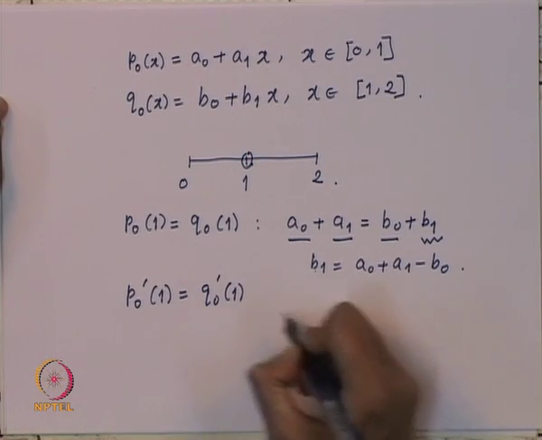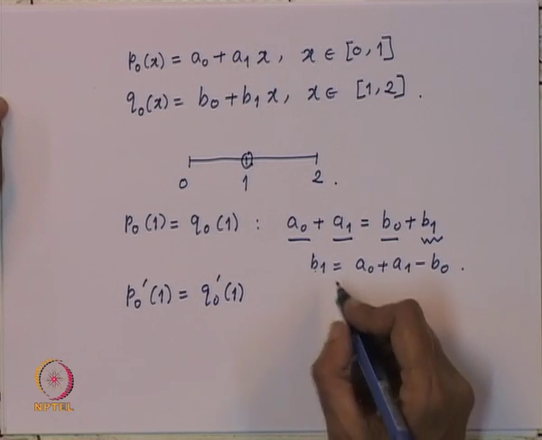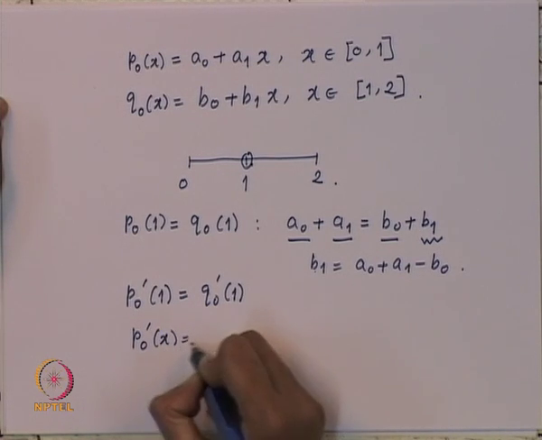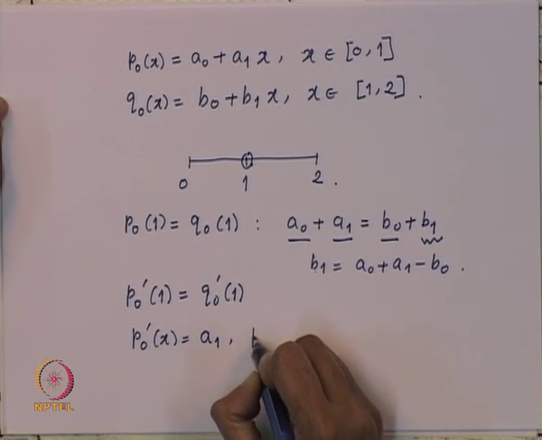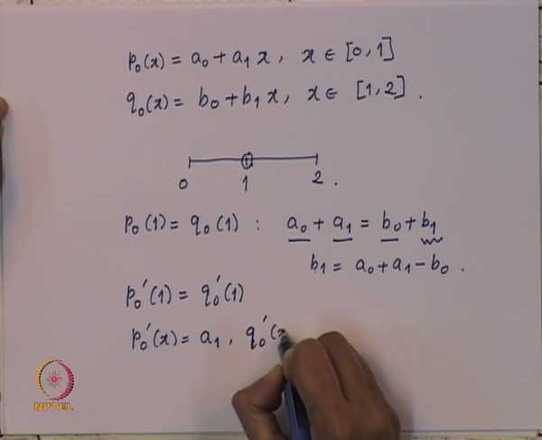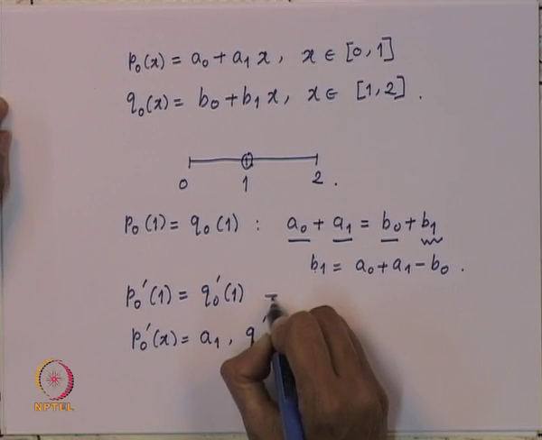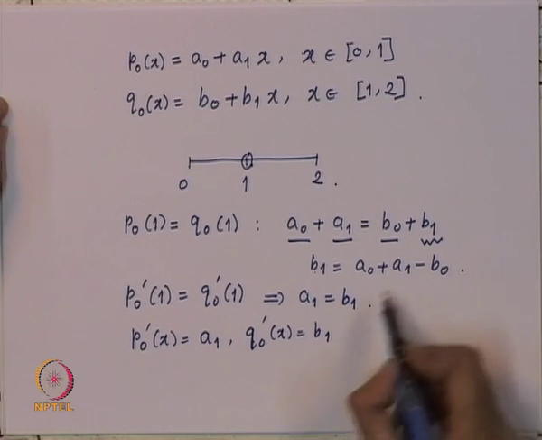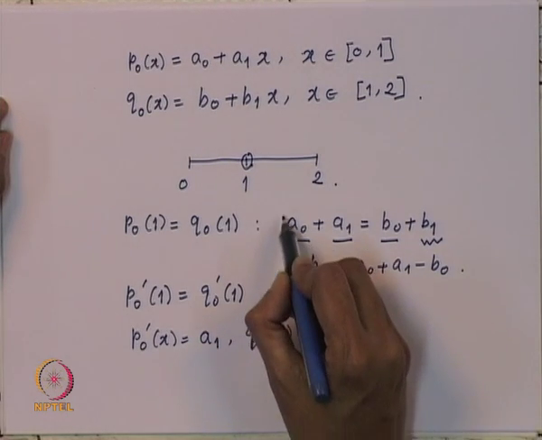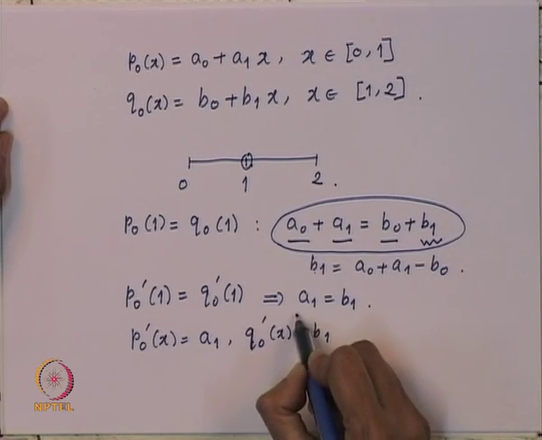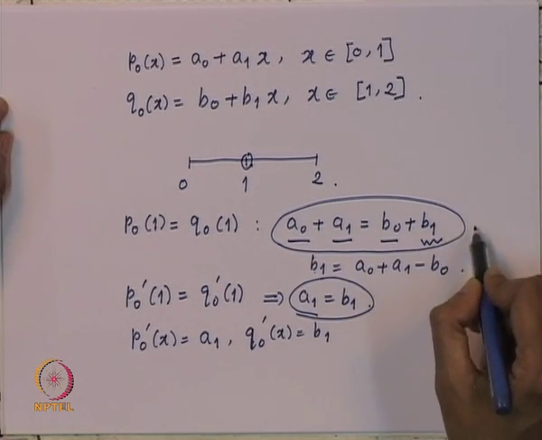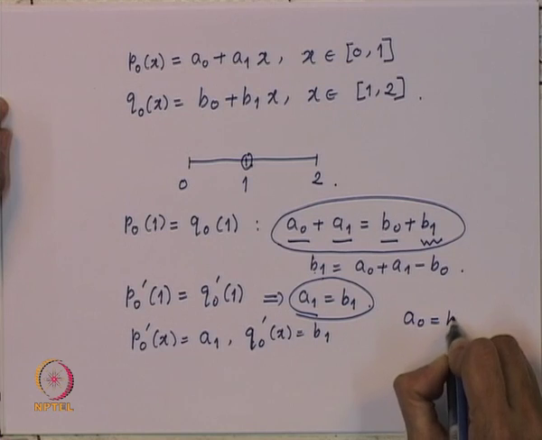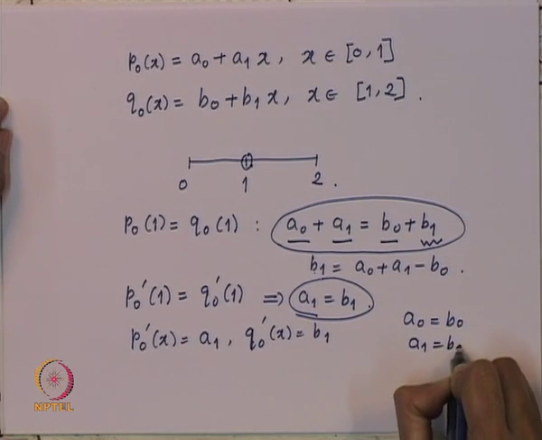Then suppose we want the derivatives to be continuous. So, we want p0 dash at 1 equal to q0 dash at 1. p0 dash at x is equal to a1, q0 dash at x is equal to b1, and hence we get a1 equal to b1. Now, we have two relations. From these two relations one concludes that a0 has to be equal to b0, a1 has to be equal to b1.